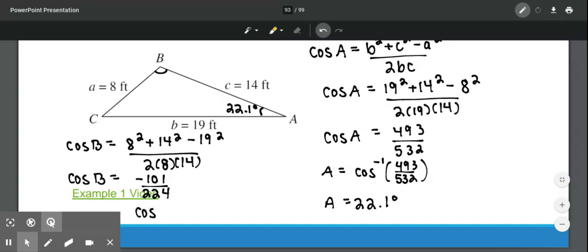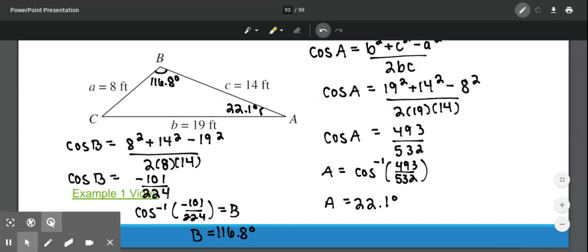And if we take the inverse cosine of negative 101 over 224, we get angle B, and we find that angle B is 116.8 degrees.